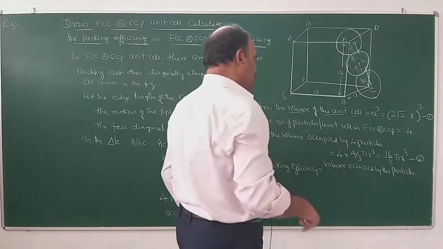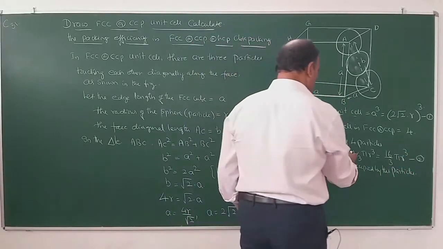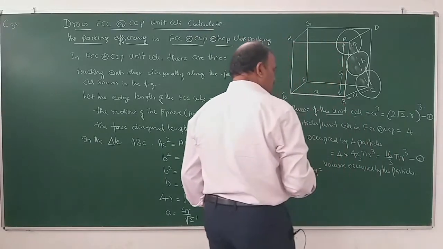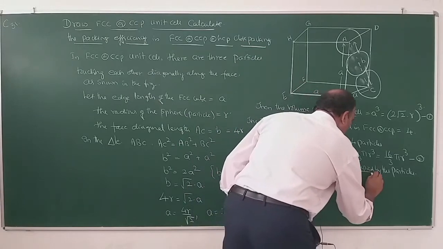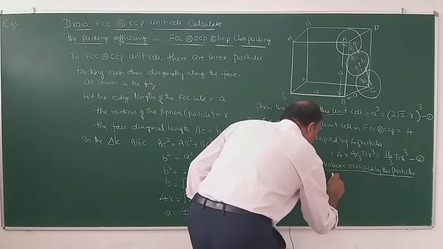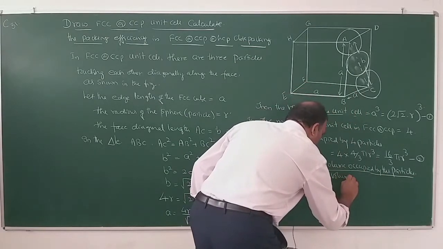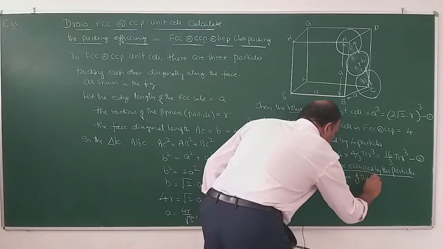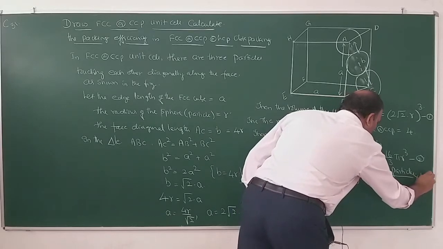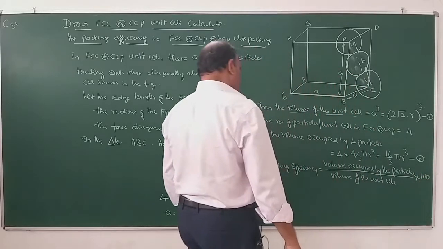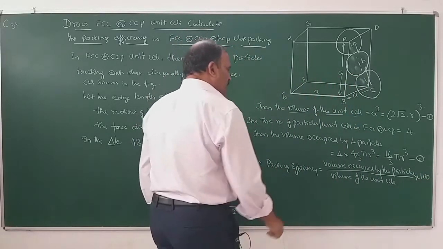Here how many particles are there? 4 particles. Volume occupied by 4 particles is 16 by 3 pi r cube divided by the total volume of the unit cell, into 100. So this is packing efficiency.